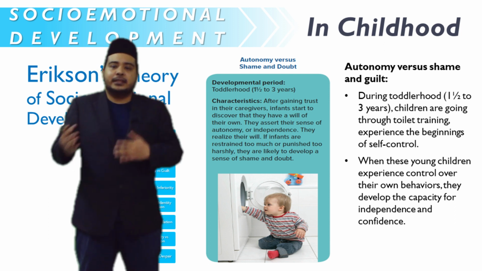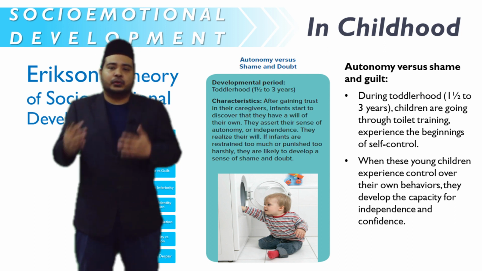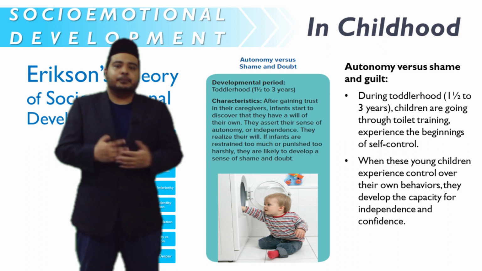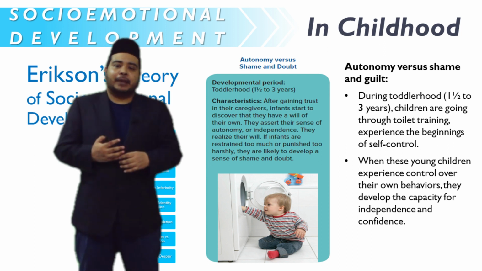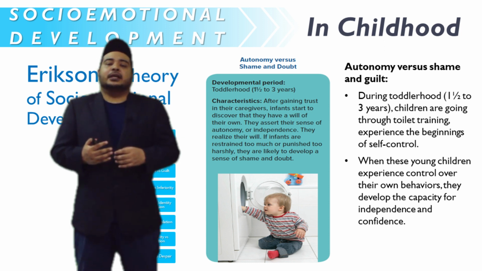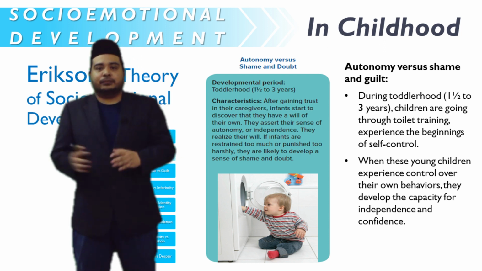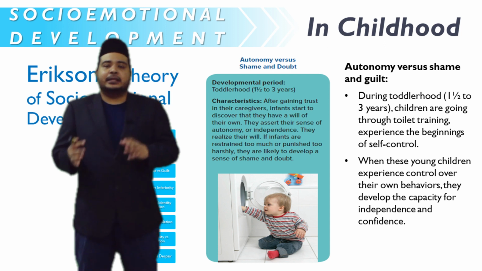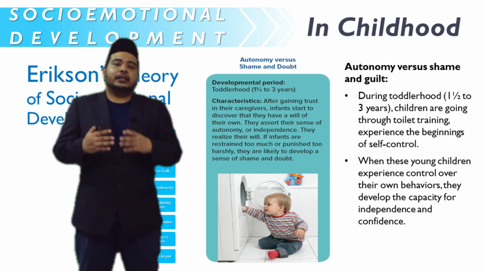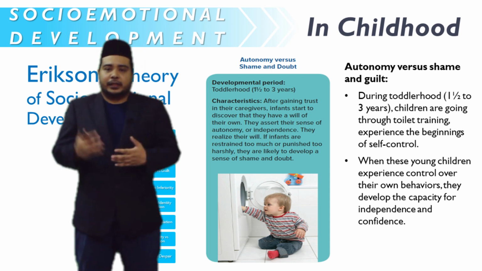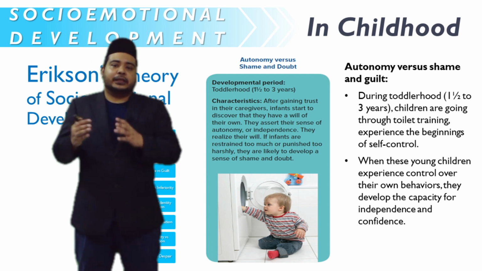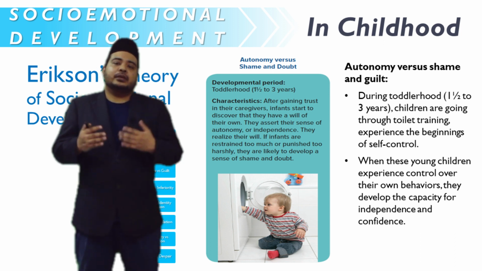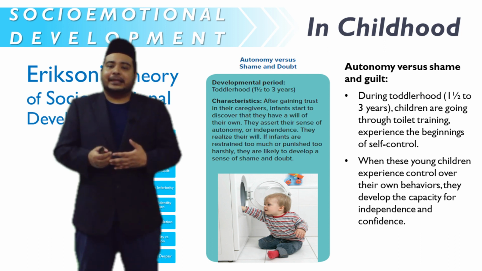When these young children experience control over their own behavior, they develop the capacity for independence and confidence. If they are successful in developing independence and confidence, they will develop autonomy. On the other hand, if they are not successful, they will develop shame and guilt.